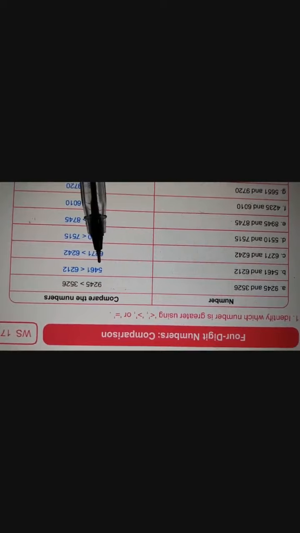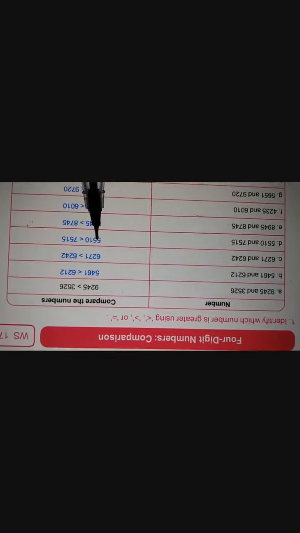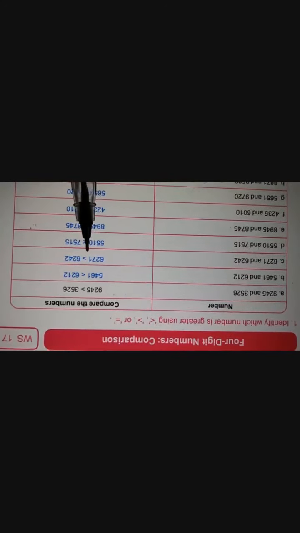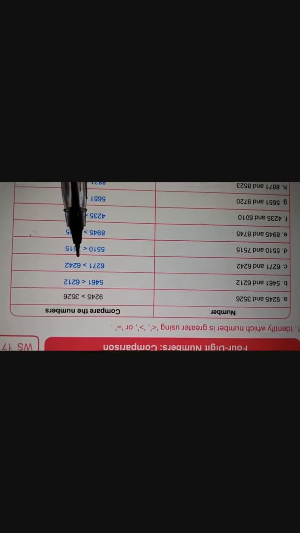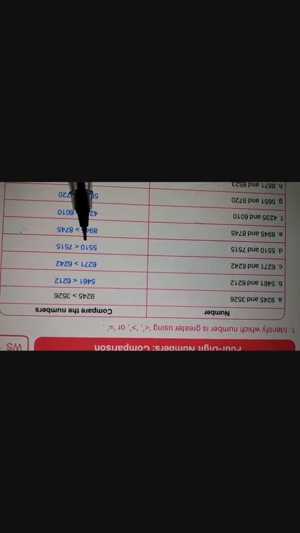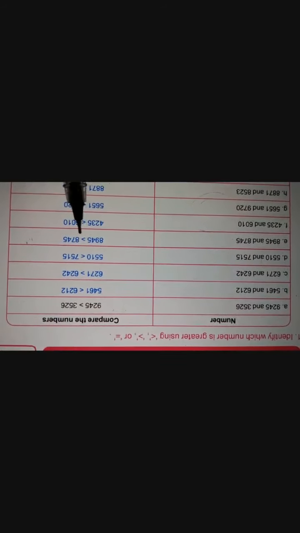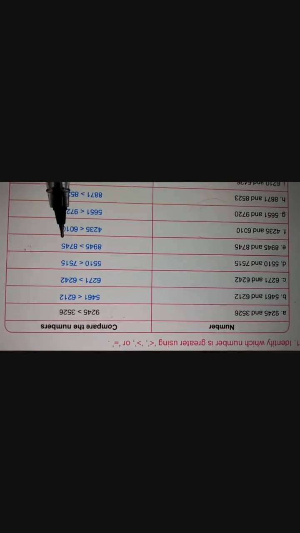5,461 less than 6,212. Then next number is 6,271 greater than 6,242. 5,510 less than 7,515. 8,945 greater than 8,745.